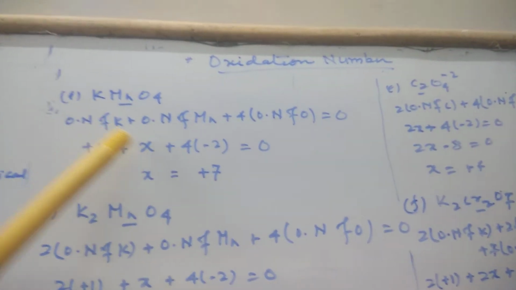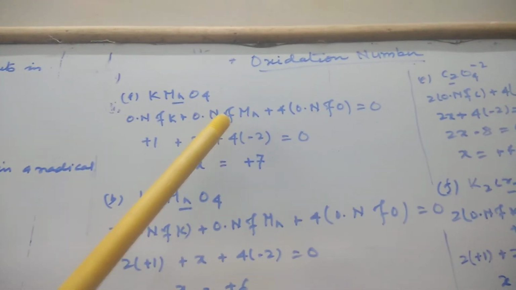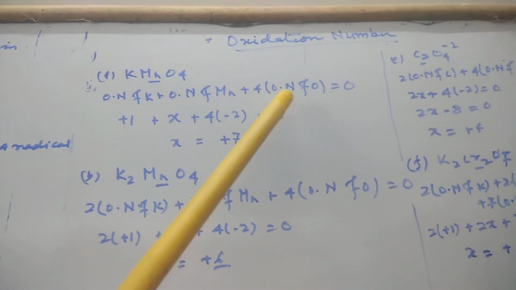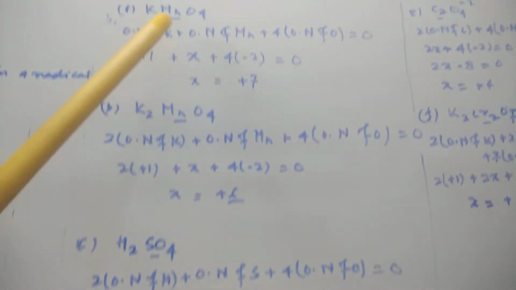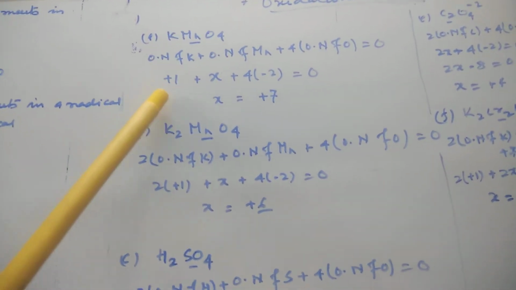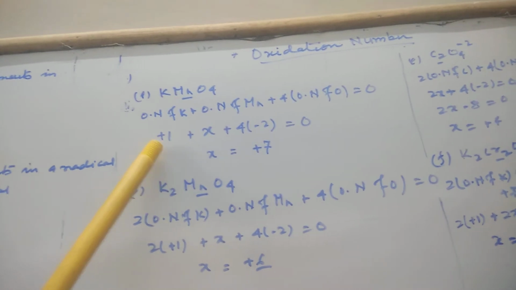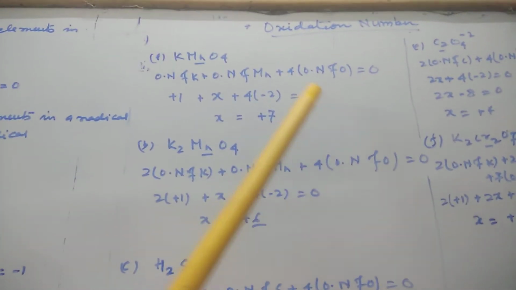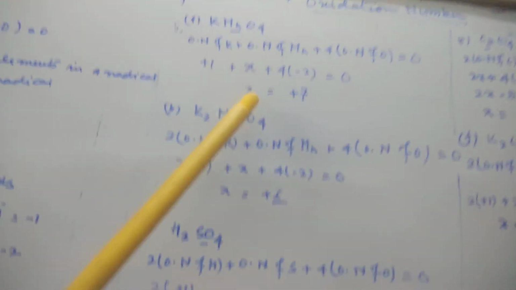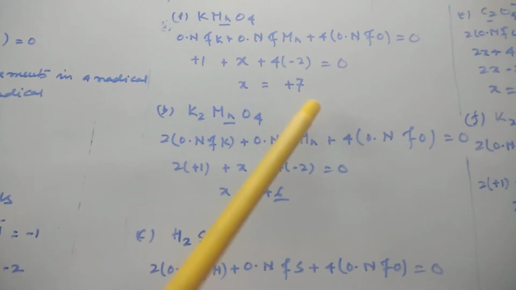Oxidation number of potassium plus oxidation number of manganese plus 4 into oxidation number of oxygen equals 0. We know that oxidation number of potassium is +1, so +1 plus x plus 4 into -2 equals 0. On solving we get x equal to +7.